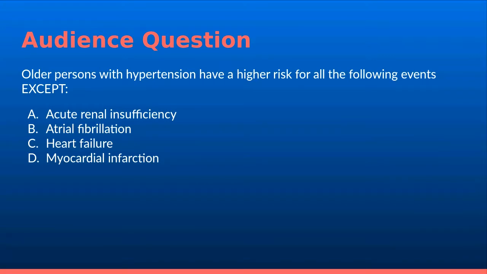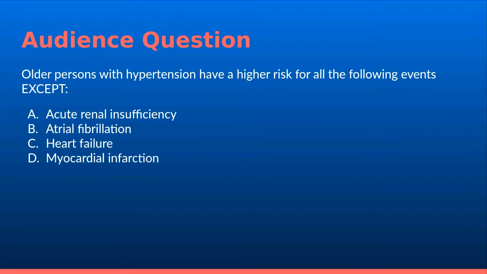Yes, older adults with hypertension are at risk for chronic but not acute renal insufficiency. Good job, guys. Atrial fibrillation, heart failure, as well as acute cardiovascular and cerebrovascular events can occur in people with hypertension, and MIs too.